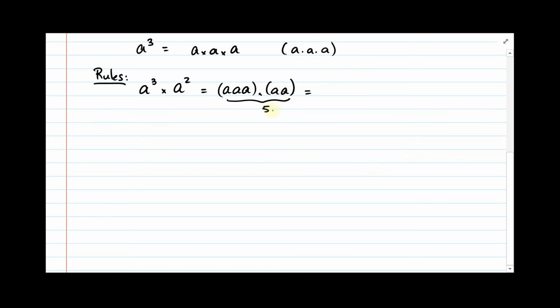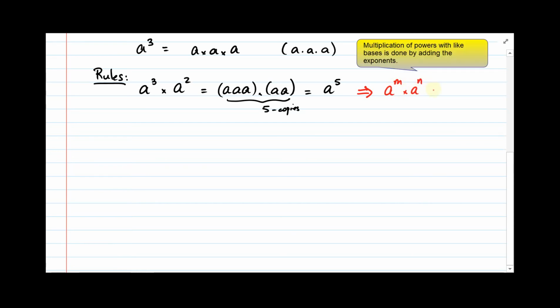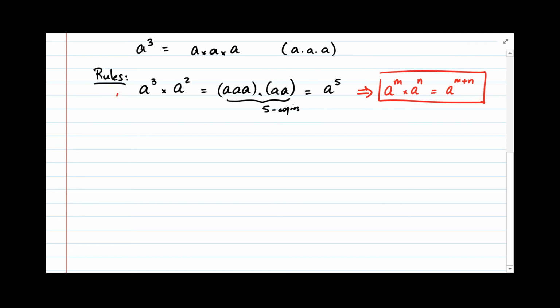So in all, I have a total of 5 copies of this base. So I can write this as a to the 5th. This leads to the rule that if I have the same base and I'm multiplying 2 exponents to the same base, I can simply add the powers.